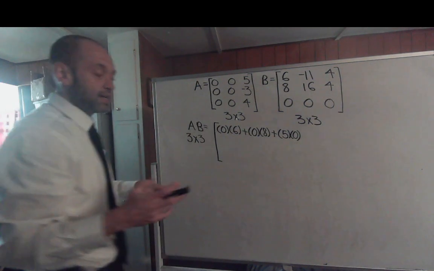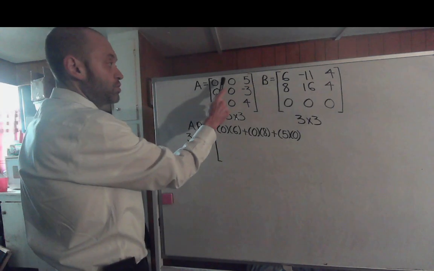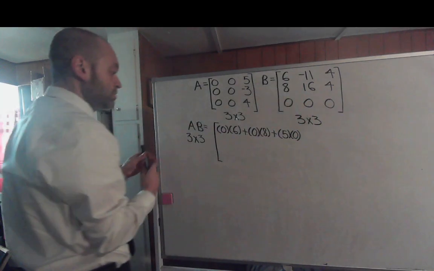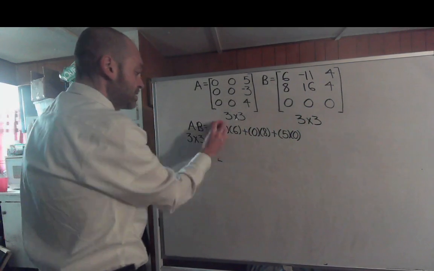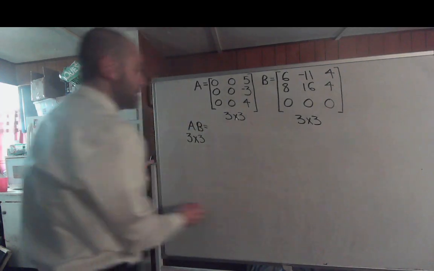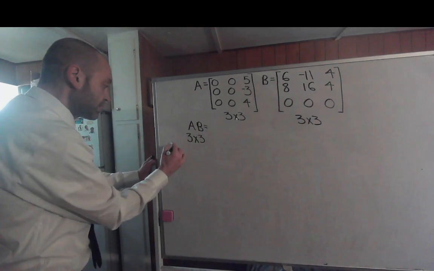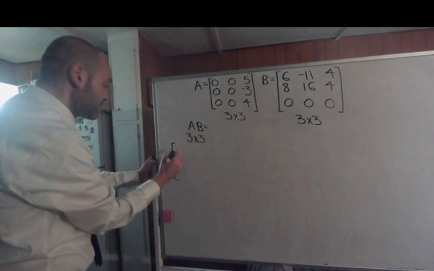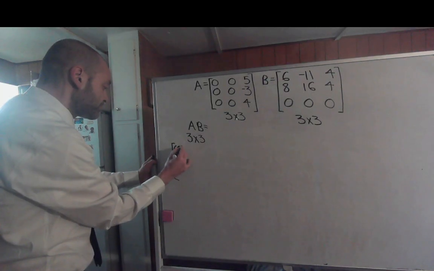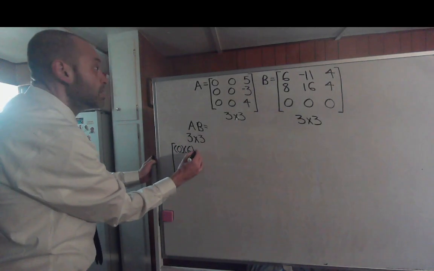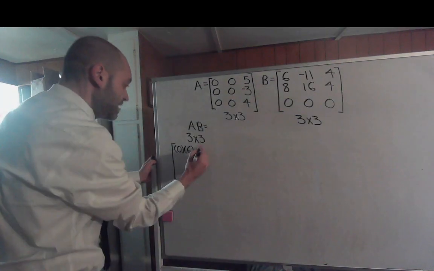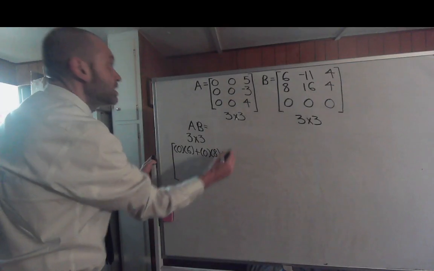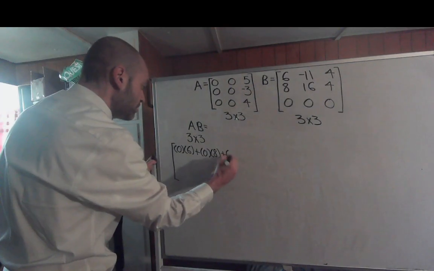Now to get the second number of the first row, take your whole first row times your second column. You know what? I need to make room here. Forgive me. I'm going to end up running out of room by the time I get to the third number.